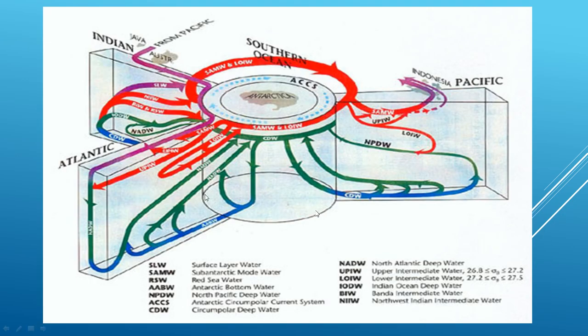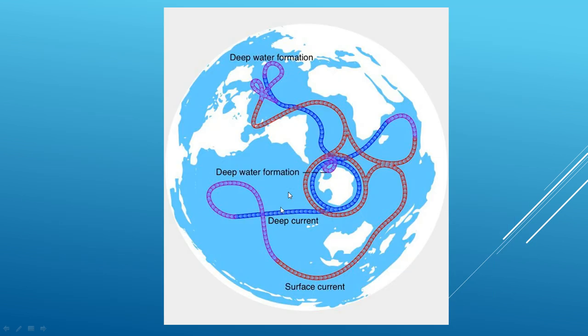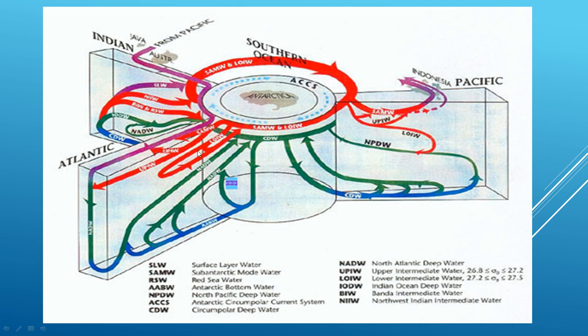But the takeaway message from this chart is to think of what goes on around Antarctica, all these flows around Antarctica: surface, the intermediate levels, at deeper levels. Think of this as one big rotating hub where you've got waters feeding into it, waters feeding out of it.